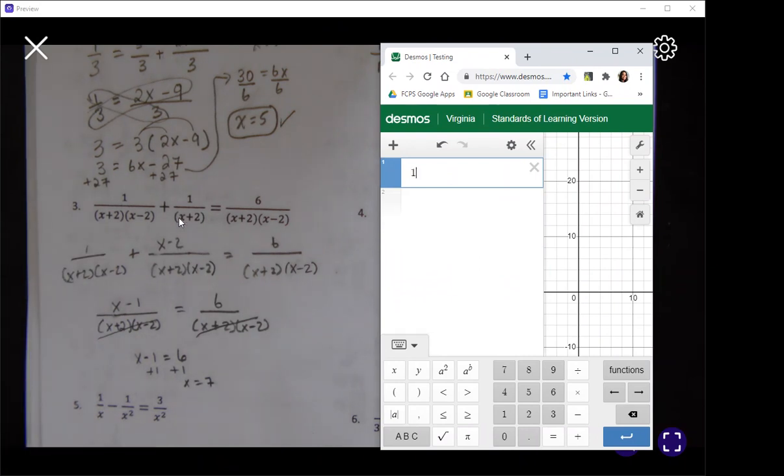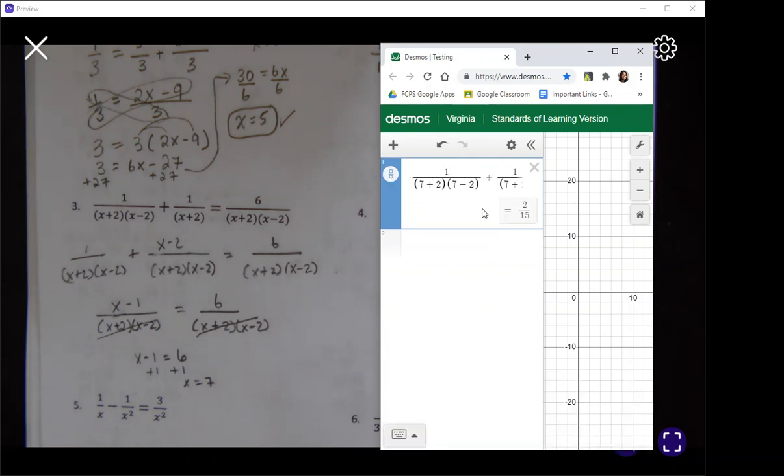Okay, so I have 1 over x, which is 7 plus 2, and then 7 minus 2, okay, and then plus 1 over x plus 2, so that's 7 plus 2. And I have this right here. You can put it in decimal form or fraction, it doesn't matter.